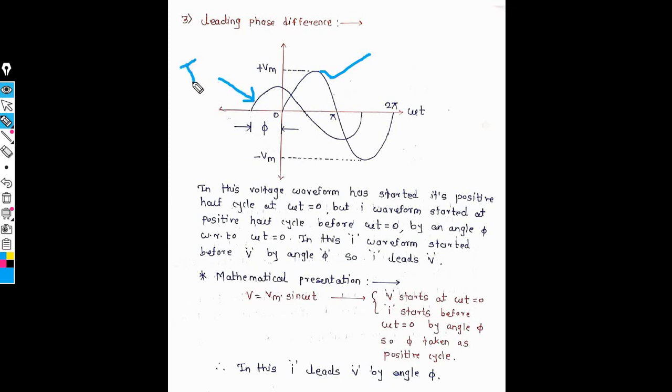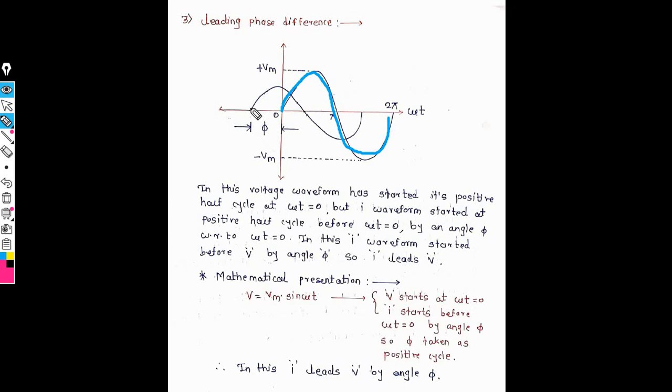This current peak is Im. In this waveform, the voltage waveform starts with the positive half cycle at omega t is equal to 0. This is the voltage waveform.